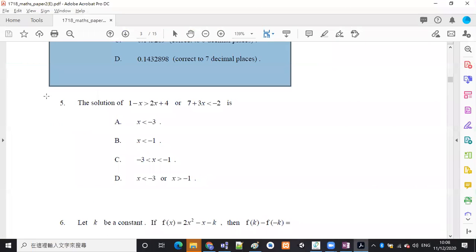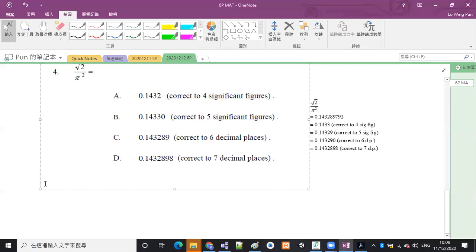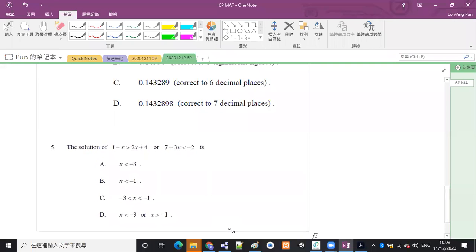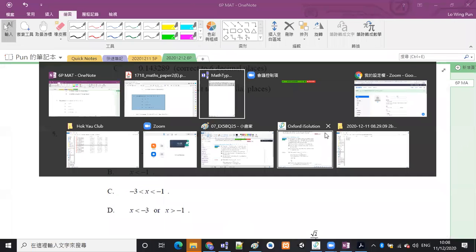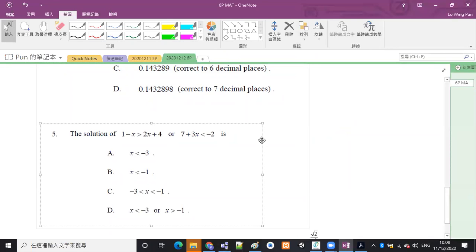Number 5. So 1 minus x larger than 2x plus 4, or that one. So we need to solve the inequalities separately first.